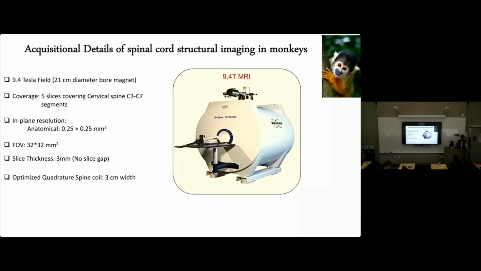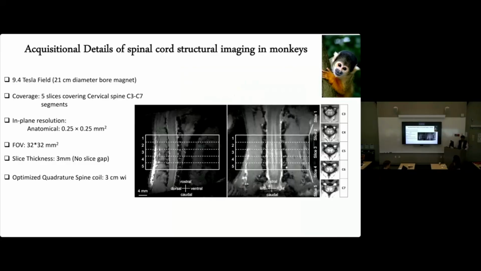For in-plane resolution in the anatomical domain, we go to as high as 0.25 millimeter square, based on the size of the spinal cord. We keep a slice thickness of 3 millimeters. And most importantly, we use a very optimized quadrature spine coil, which is built in-house, which has 3 centimeter width for each loop. So these are the major acquisition details for structural imaging.